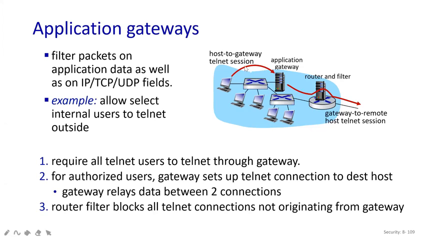You see from here, this is the incoming side and this is the outgoing side. So this application gateway will have two telnet connections, and the router blocks all telnet connections that have not originated from this gateway, and sends connectivity only to whatever is connected through the gateway. Otherwise it will not have connectivity.